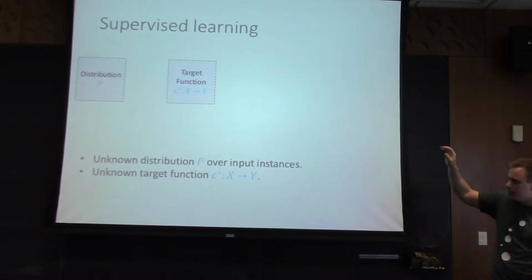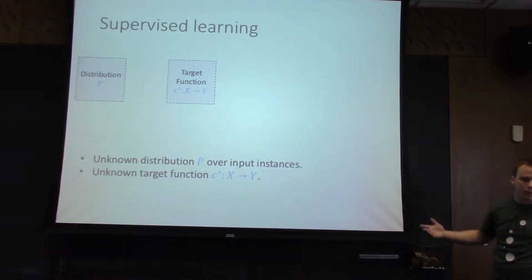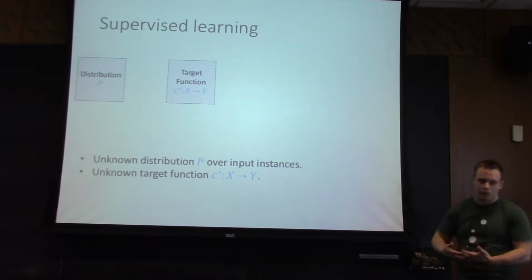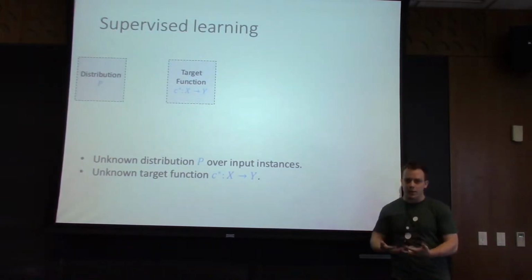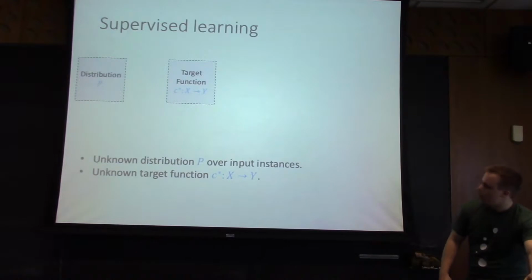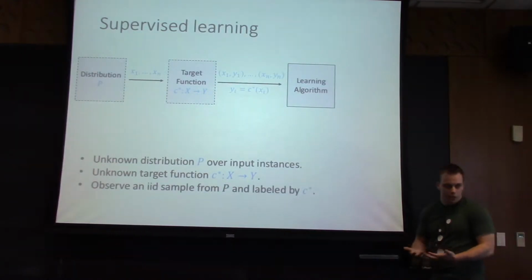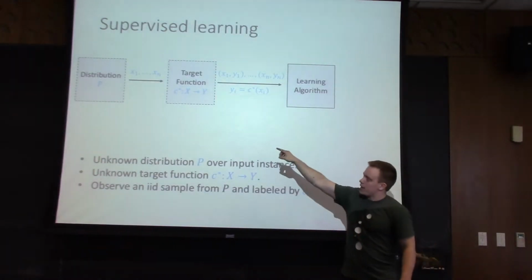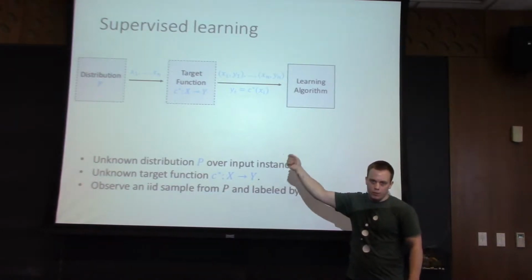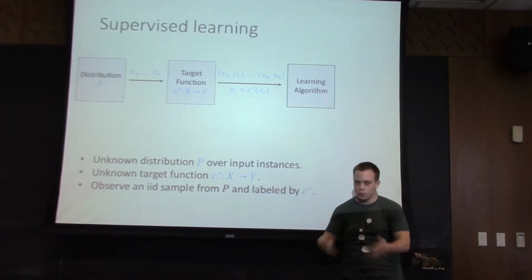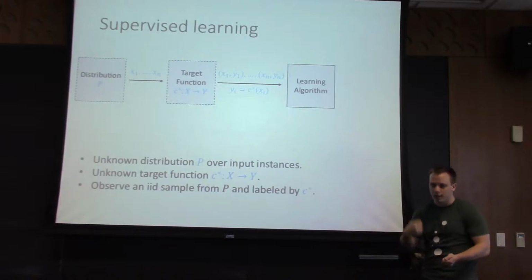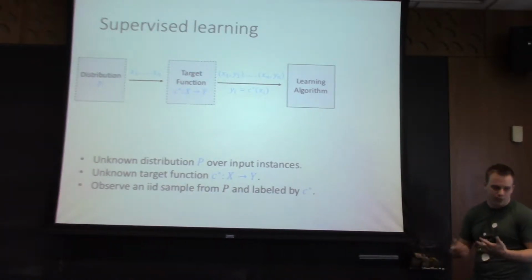Given that the distribution and the target function are unknown, our goal is to get the computer to recover the target function based on example data. The way we imagine that data being generated is we suppose that we take a large IID sample drawn from this generating distribution. This would be a collection of images drawn independently at random from the unknown data distribution.